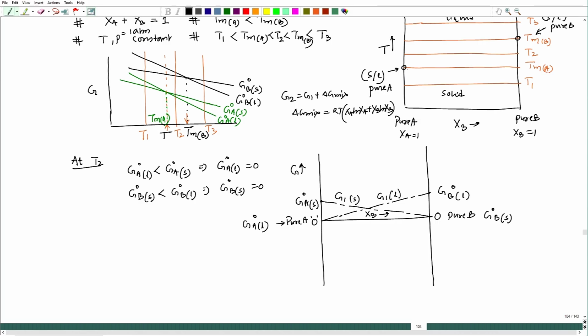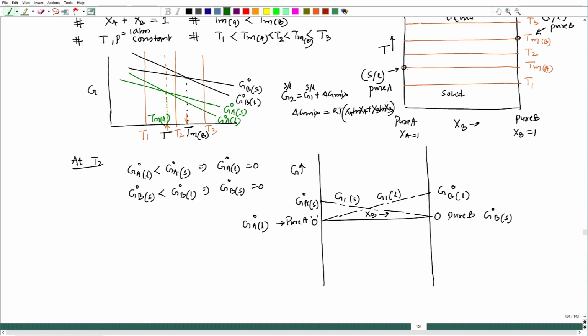Okay, fine. So, that will be the same contribution towards the solid solution as well as liquid solution. So, if that is the same, then I can have equal contribution.